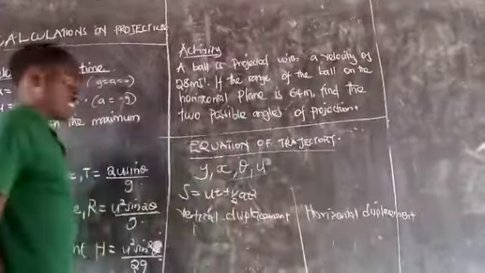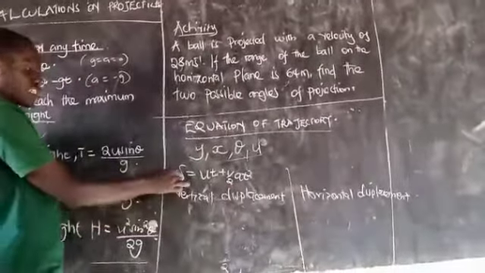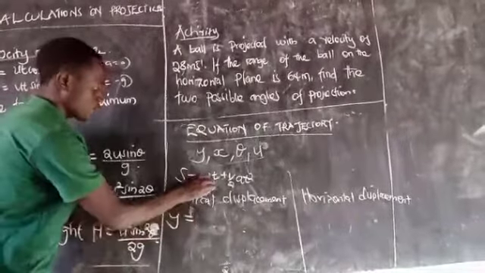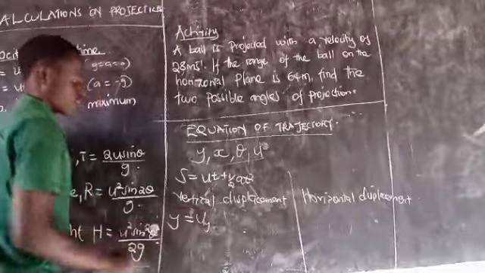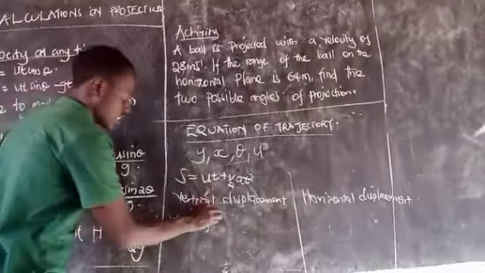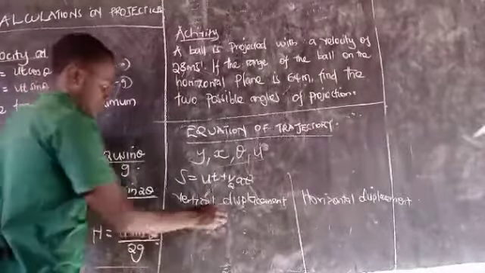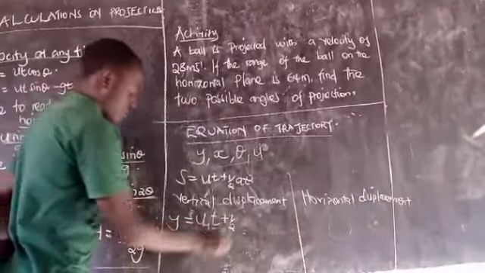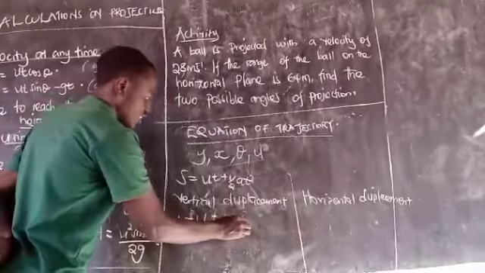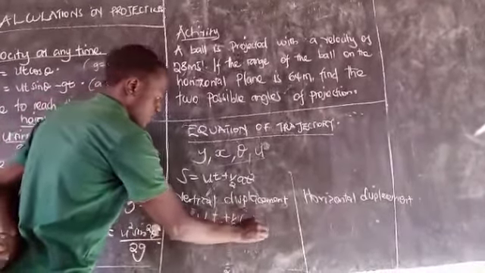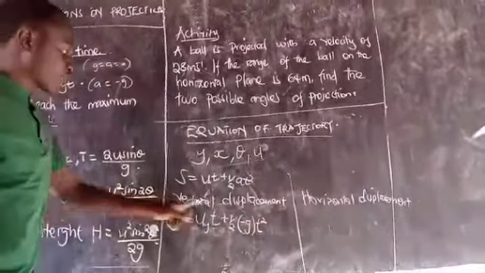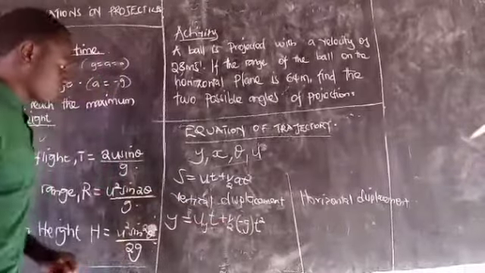If it is vertical distance, then we call it y. And we consider the vertical component of velocity times time, and we add a half at squared. But for the vertical motion, a changes into negative g. The reason is that the motion is opposing the acceleration due to gravity, and so we have negative g.